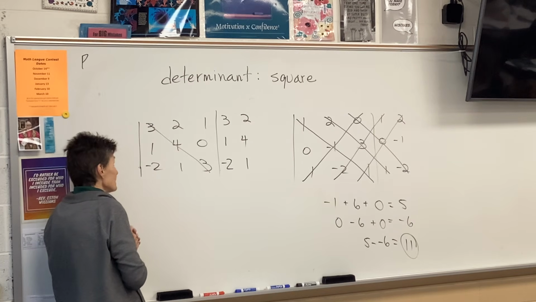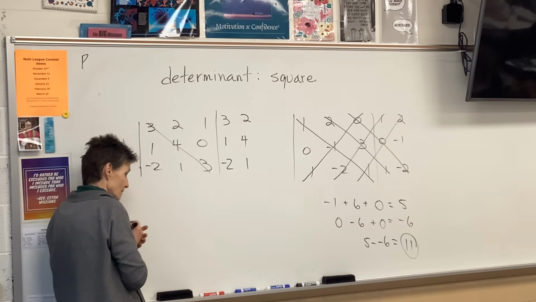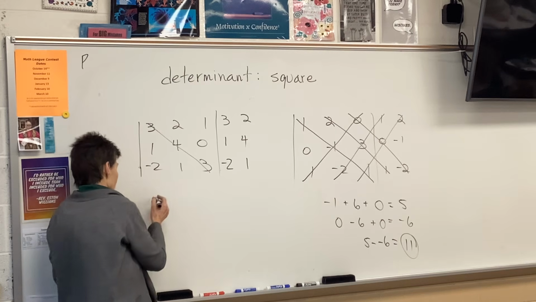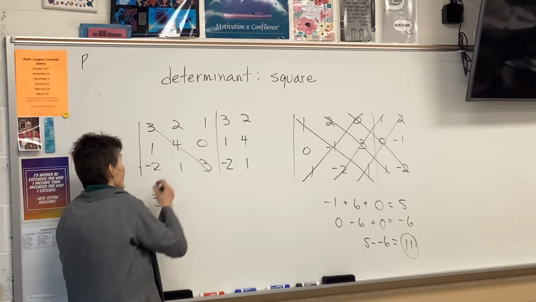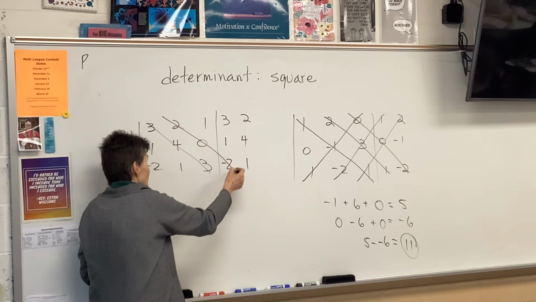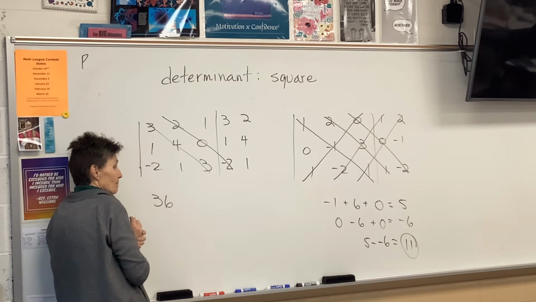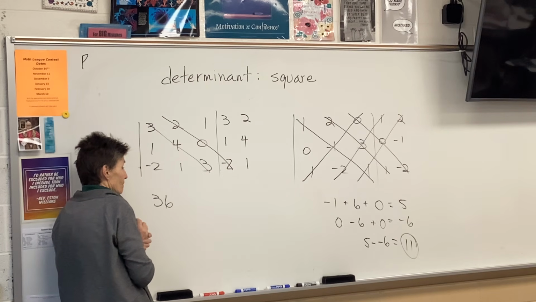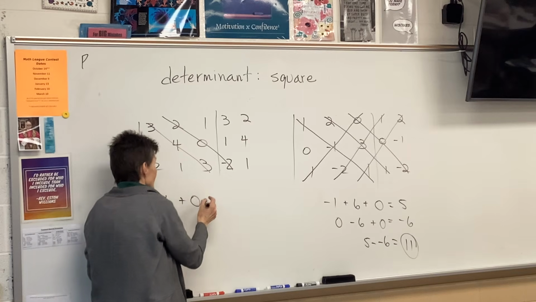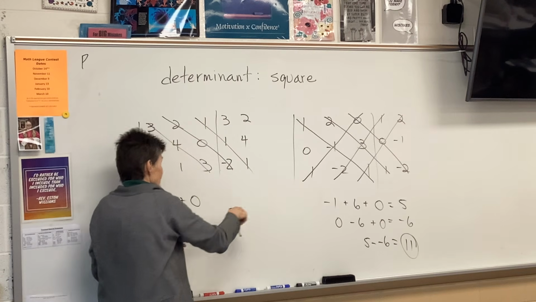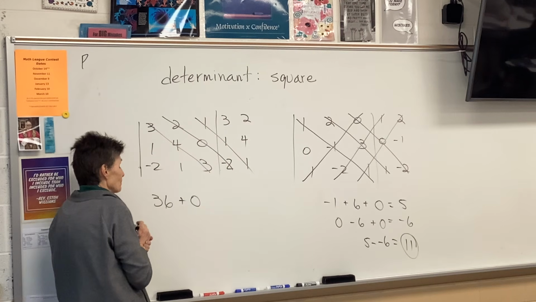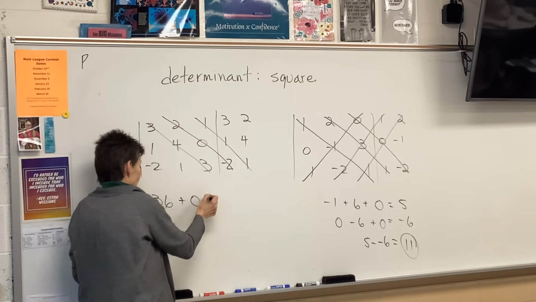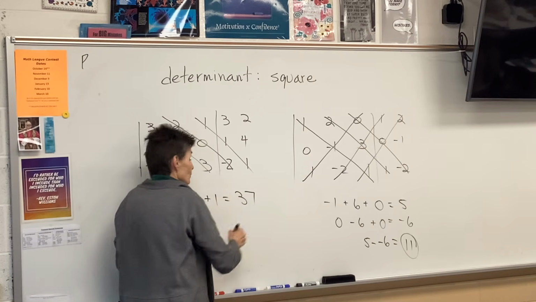So 3 times 4 times 3. 36. And then multiply these three numbers together. 0. And then these three numbers together. So total them up, 37.